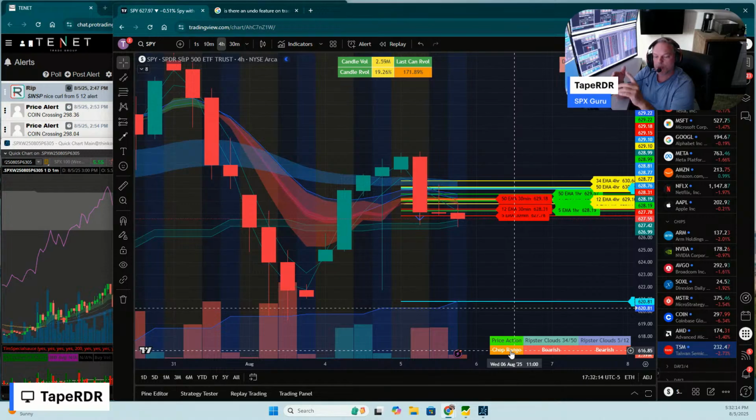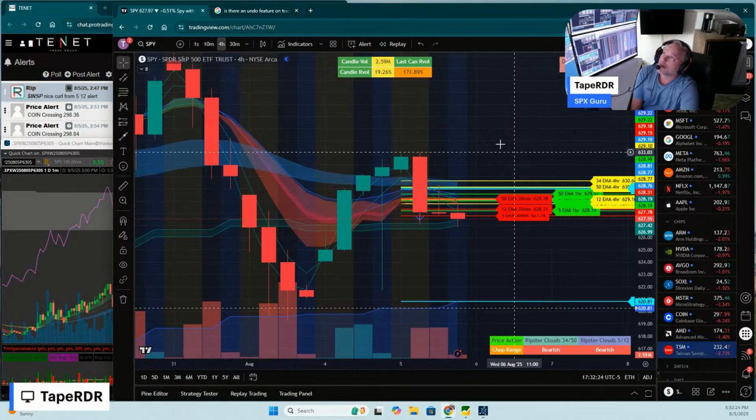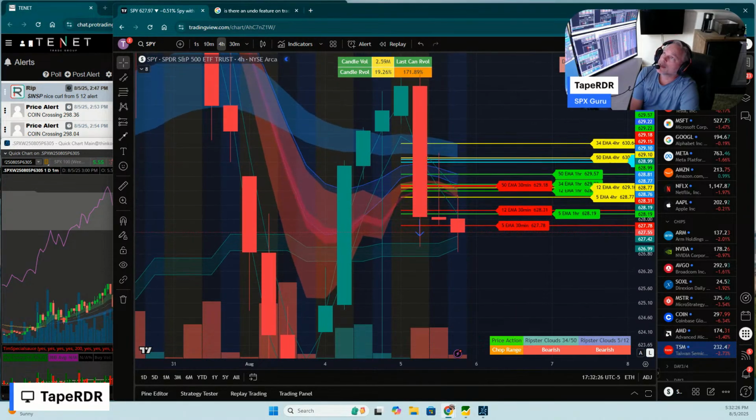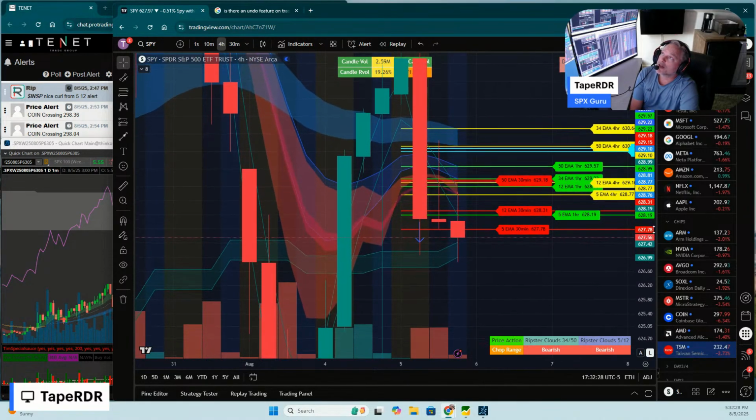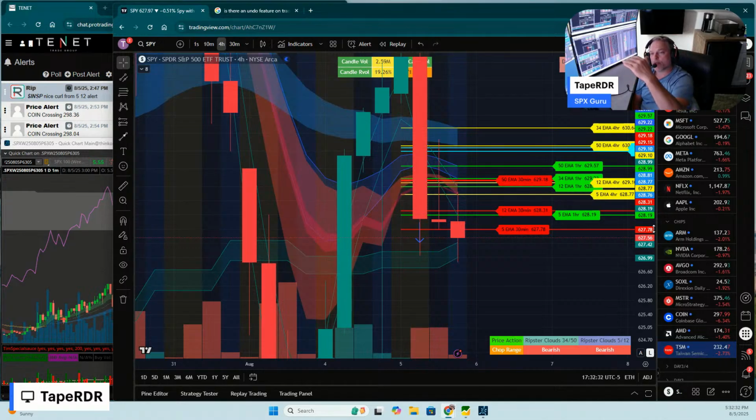For example, your air gaps between the 10-minute EMAs is going to be smaller than the air gaps between the 4-hour EMAs or the daily EMAs. And this morning we had an air gap set up because these EMAs on SPY have been bunched so much lately. It's very easy to go through the 10-minute, 30-minute, the 1 hour, and even the 4 hour, which is kind of what happened this morning.